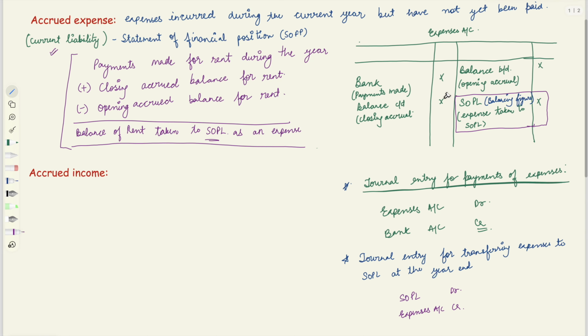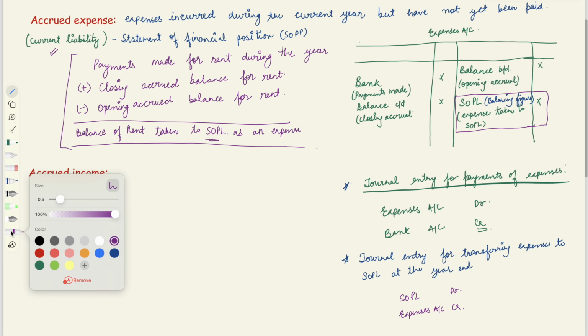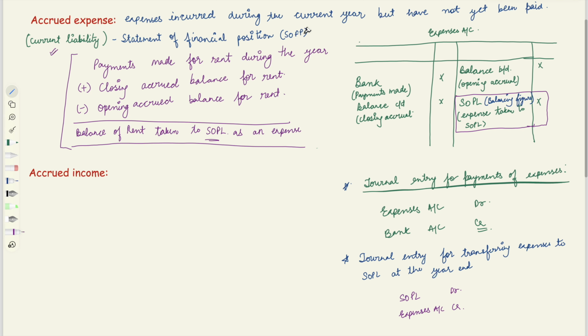How do I take out the balance that is going to be taken to statement of profit or loss? What is the balance taken to statement of financial position? Closing accrued liability, closing accrued expense. In statement of financial position, closing accrued expense is going to be a current liability.